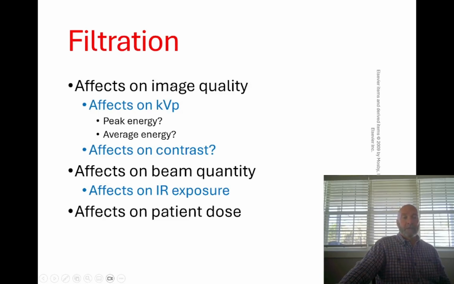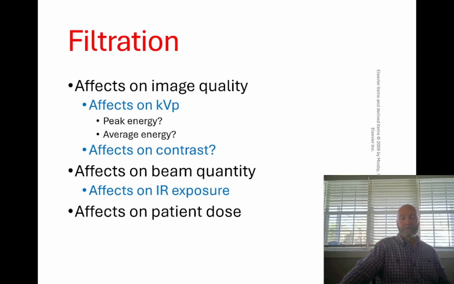So the effects of filtration on image quality, the effects on kVp, as far as the peak energy goes, it doesn't have an effect. But the average energy, it does. So by eliminating low energy X-ray photons, it pushes the Bremsstrahlung spectrum towards the high energy side and increases the average.